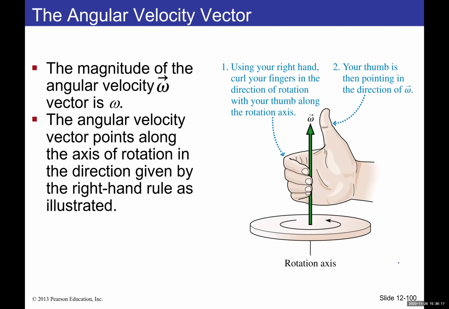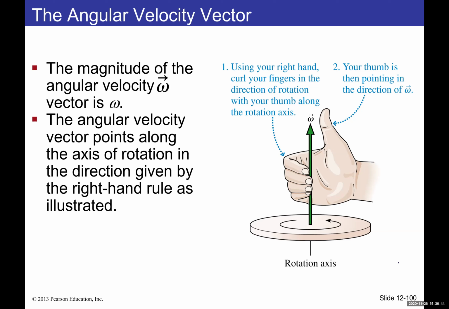In order to truly get the direction of the angular velocity, we have to use what we call the right-hand rule. So the right-hand rule goes like this. If you have a disk that is rotating, you use your right hand, and you curl your fingers in the direction of the rotation, let's say counterclockwise in this case.